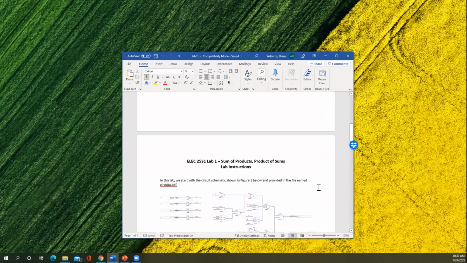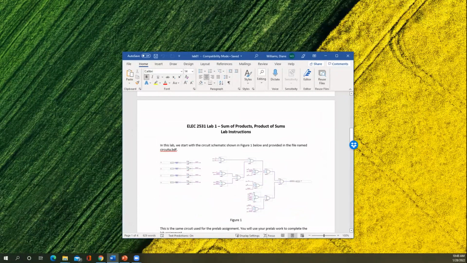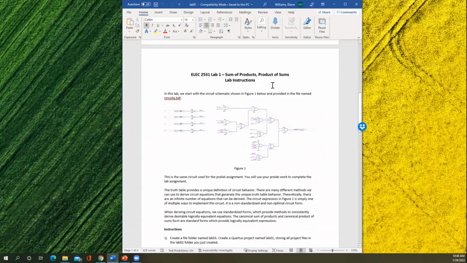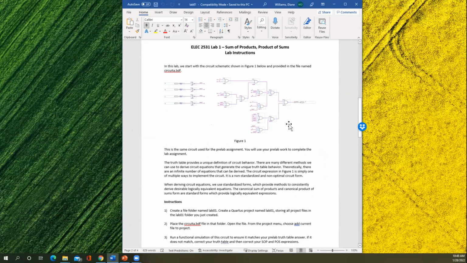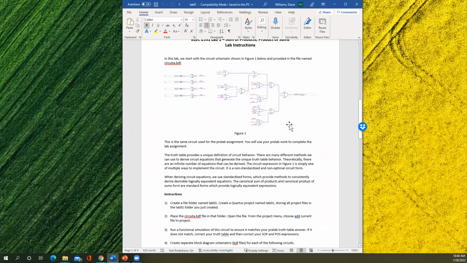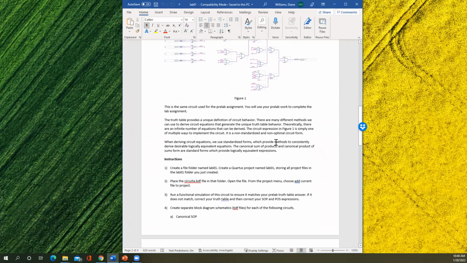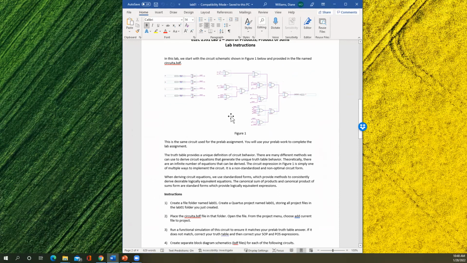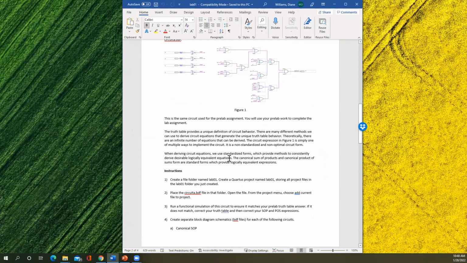In this lab, you started with circuit A, and you're going to draw two other circuits, the canonical product of sums and the canonical sum of products. Then you'll run a simulation to show that all three circuits produce the same output. So in your lab report, you definitely want the simulation, pictures of your circuits, and your truth table.